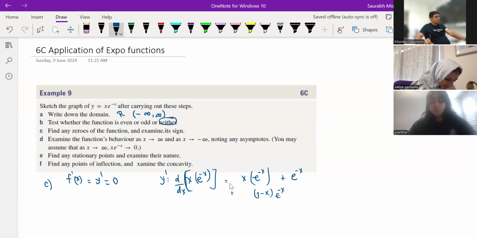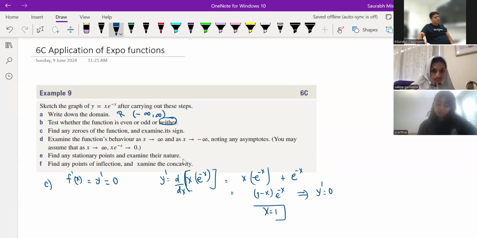What do you get? This is what you get. Yes, sir. Okay. So when you put y prime equal to 0, you get x is equal to 1. Only one zero, because e to the power minus x will never be 0.